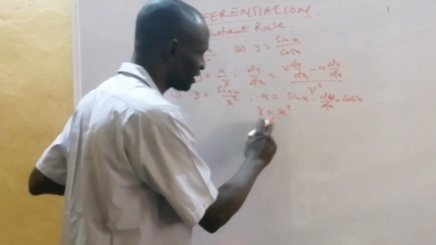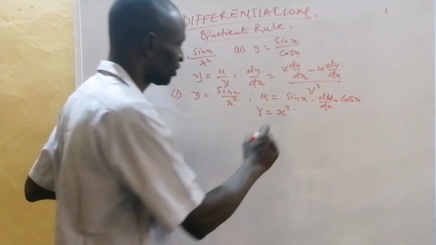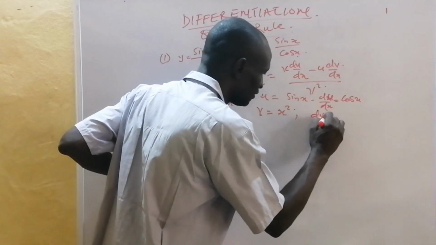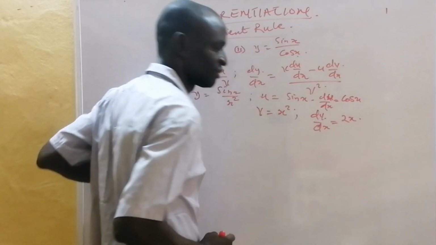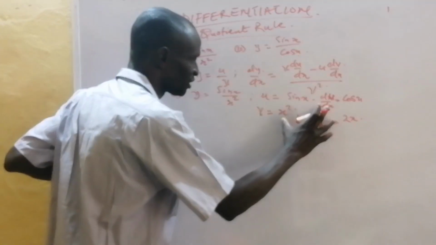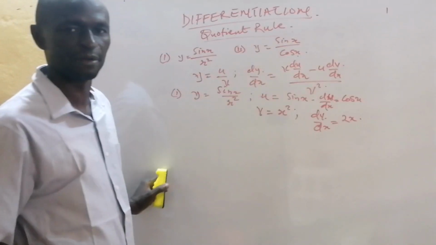Now, v is equal to x squared, so dv/dx is the same thing as what? 2x. Now let's substitute these values back into our formula.